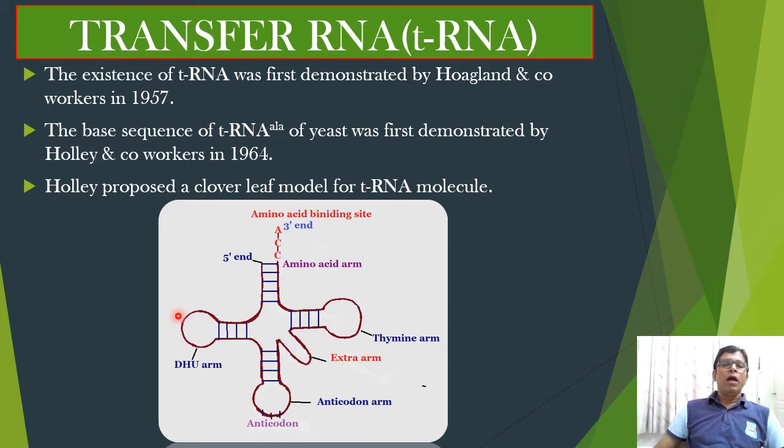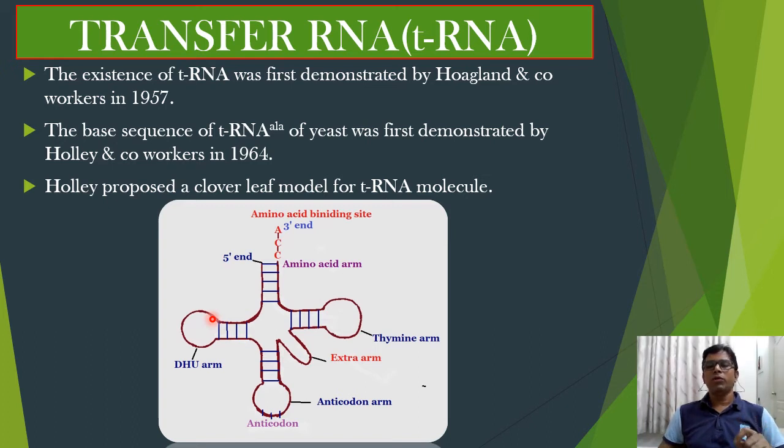According to the cloverleaf model, all tRNA molecules have the same terminal sequences at the 5' and 3' ends. CCA nitrogen bases are present at the 3' end.